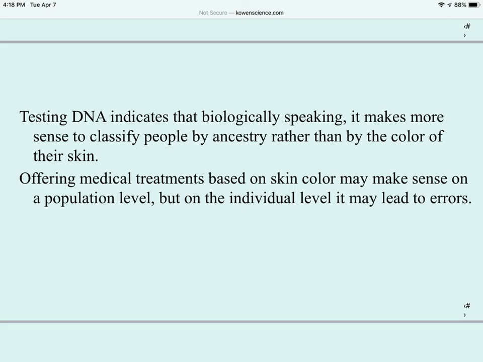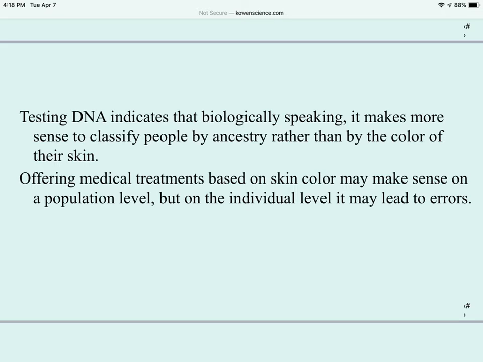Now, testing DNA would indicate an individual's ancestry, and biologically speaking, it makes more sense to test the DNA to fine-tune and pick out which medical treatments would work best for an individual rather than going on skin color.